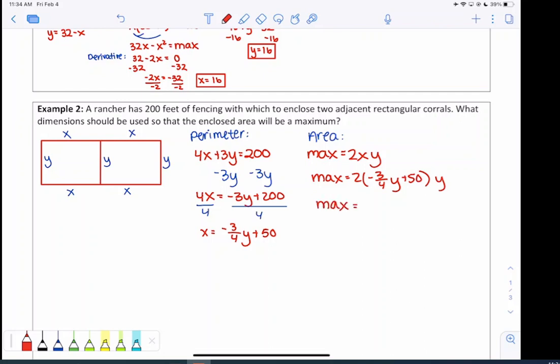Let me distribute the 2 through: 2 times negative 3/4 will give me negative 3/2 y plus 100, and all of that is times y. Now I'm going to distribute this y through to make my derivative easier. So that will give me negative 3/2 y squared plus 100y.